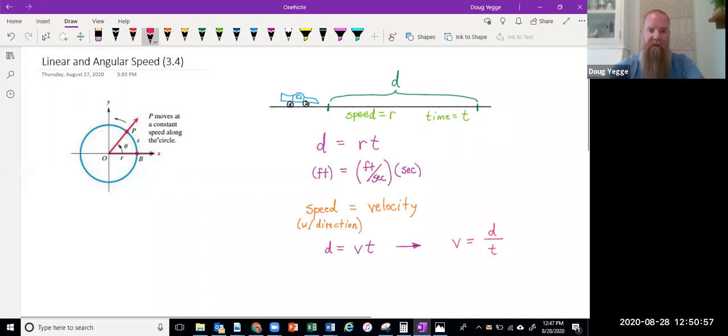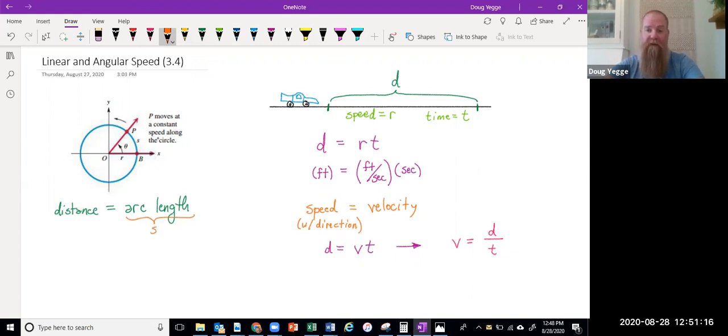So we could recognize in this situation that the distance is actually equal to the arc length. And remember that the arc length is s.